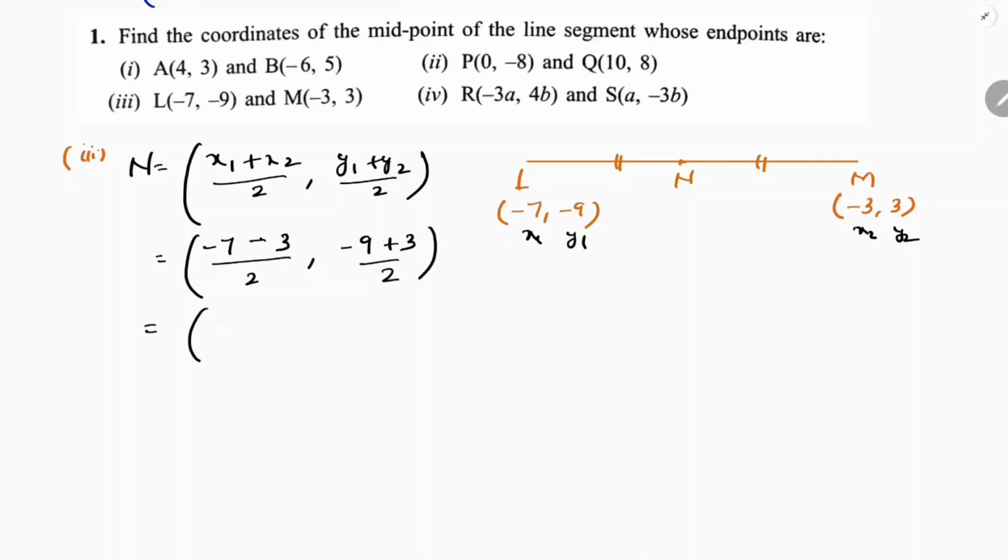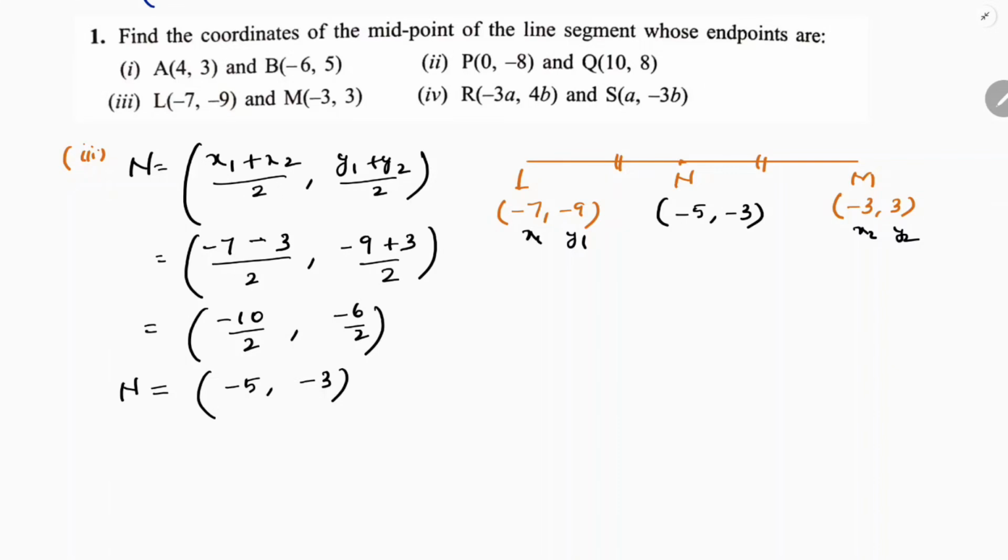Minus 7 minus 3 is minus 10. Minus 9 plus 3 is minus 6. Now minus 10 by 2 is minus 5 and minus 6 by 2 is minus 3. So the midpoint N is minus 5, minus 3.